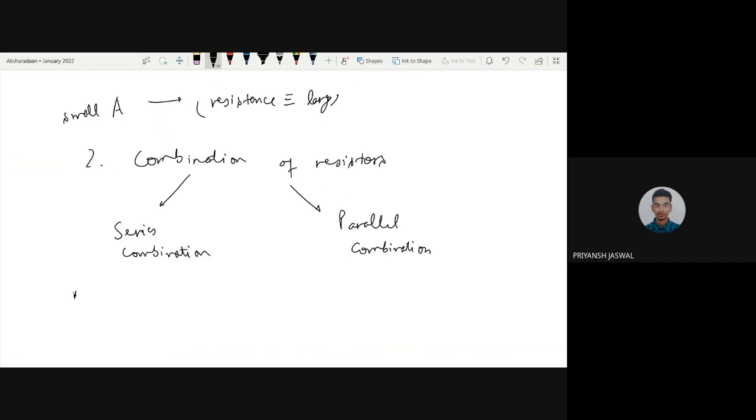In series combination, the features were that the voltage was divided. Current is same. This one is across the resistors and this one is through the resistors.